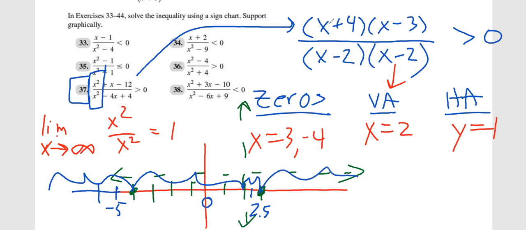And then we need something outside here. Okay, so 4 works. So now we have a number in each of the sections to test. So I suggest you do that. I'm going to get rid of these blue things so that we have more visual.